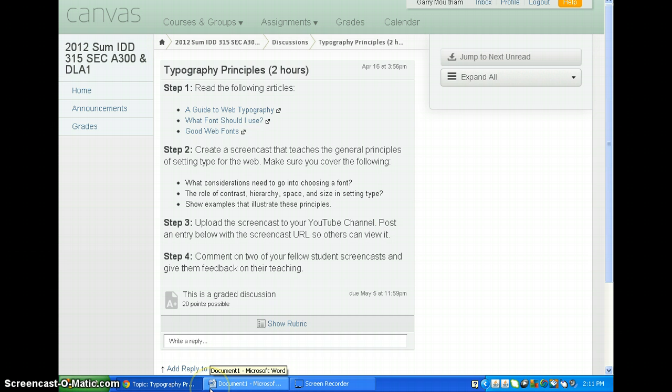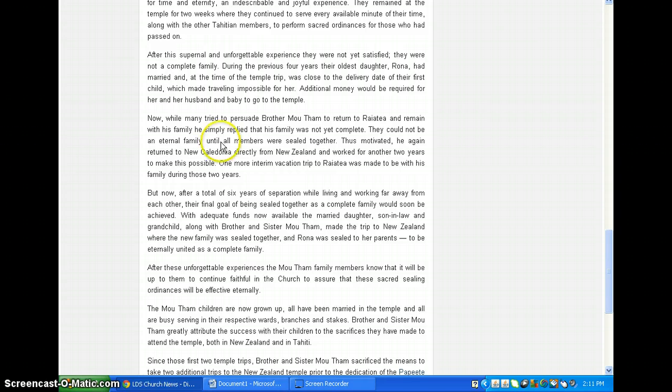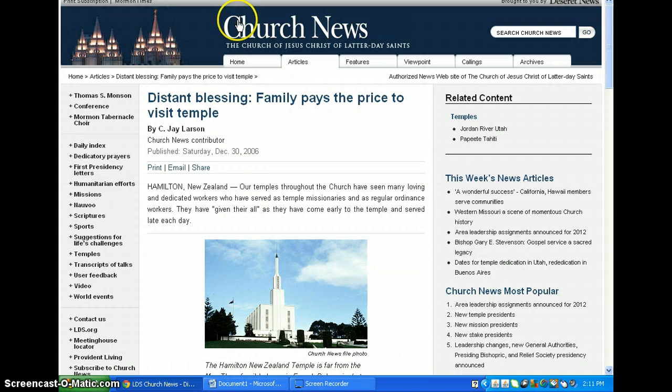I actually have a website here that I chose as an example, and you can see here. This is a church news website. You have the title over here, of course, and then you have the temple over here.